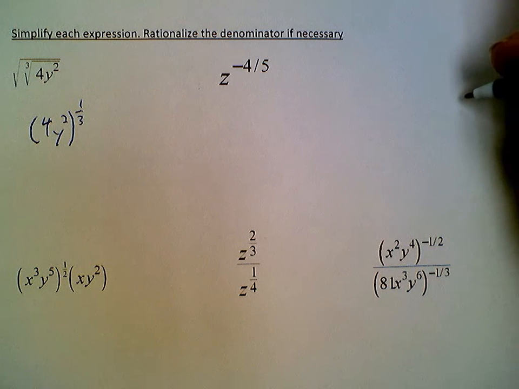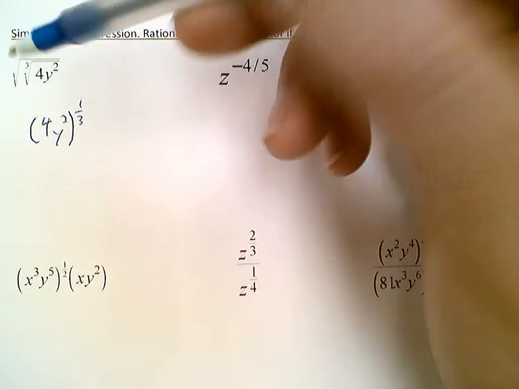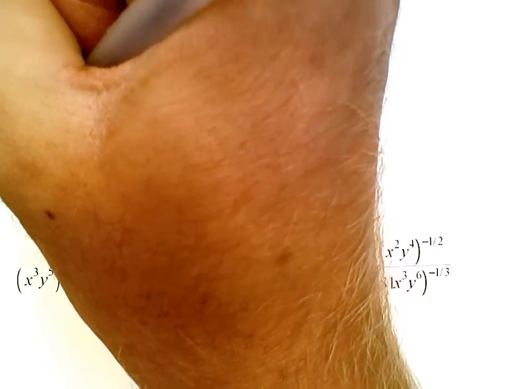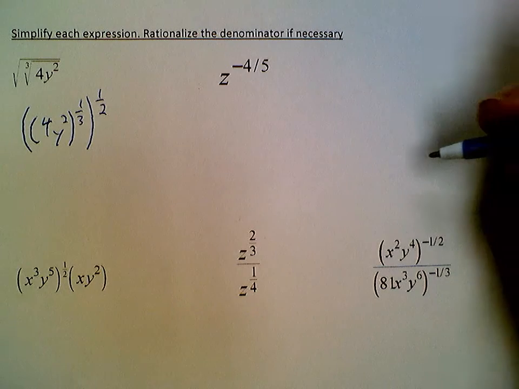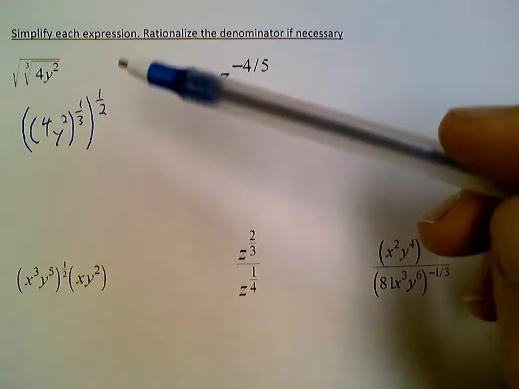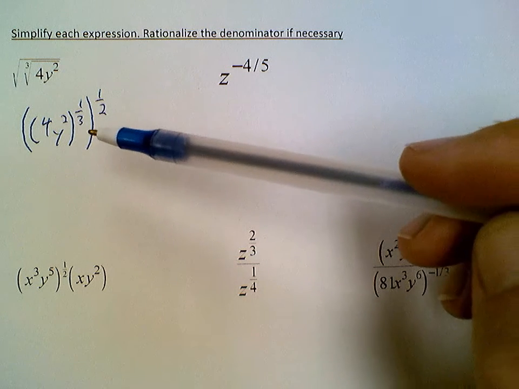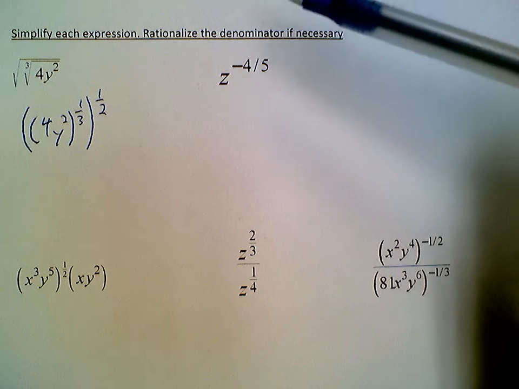Remember, a cube root is the same thing as being taken to the 1/3 power. Okay? And then on the outside of that, I've got a square root. So what does a square root mean? A square root means I'm taking something to the 1/2 power. So what I have now, after writing it into rational exponent form, is 4y squared to the 1/3 to the 1/2 power.